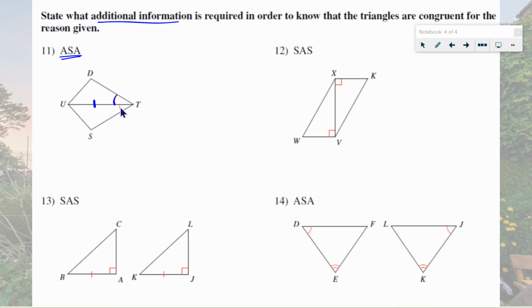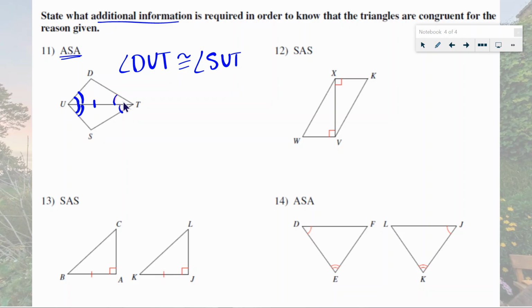I have an angle here and here. So I would really need to know that the next angle over, not this one, because the side is included in those angles. I need to use this angle and this angle. So I would need to say that angle DUT, that angle, is congruent to angle SUT.